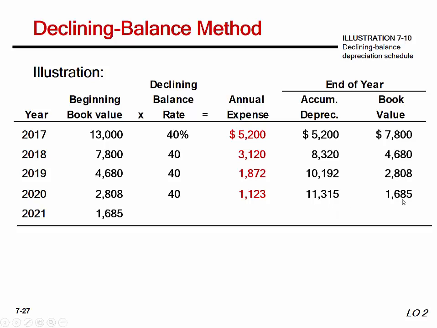So you guys could do this last row in one of two ways. You could either say the difference between $1,685 and $1,000 is a journal entry of $685. Or you could say the difference between $11,315 and $12,000 is also $685. When we do this kind of thing as accountants, we refer to it as plugging the numbers. We're plugging it and making it work exactly how we want it to. Okay?